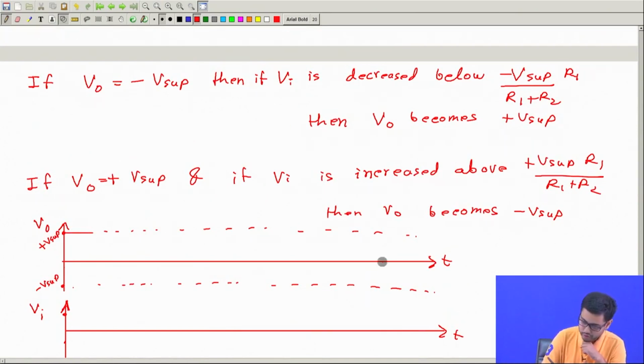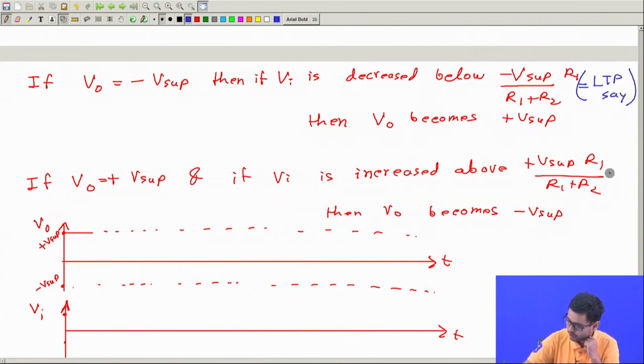Okay, so let me just give it a name, because I cannot write this big expression in this small space. Let me call it LTP, and this you call as UTP, lower trigger point and upper trigger point.